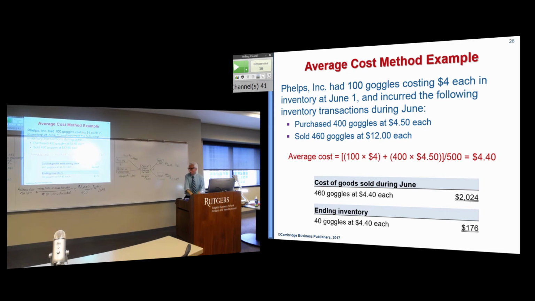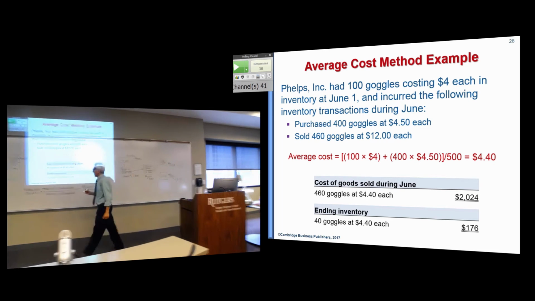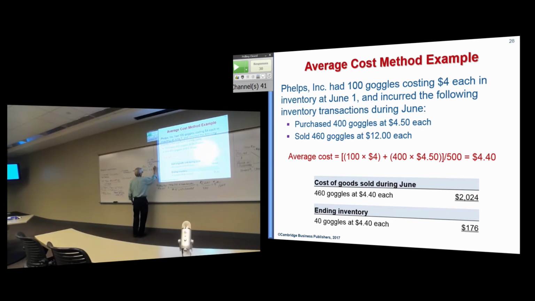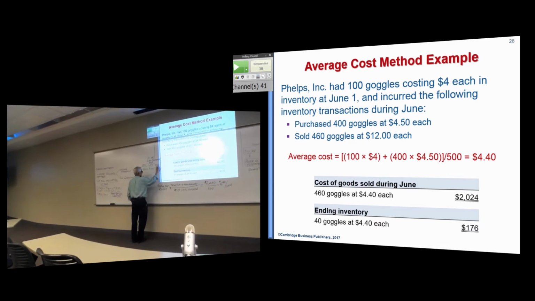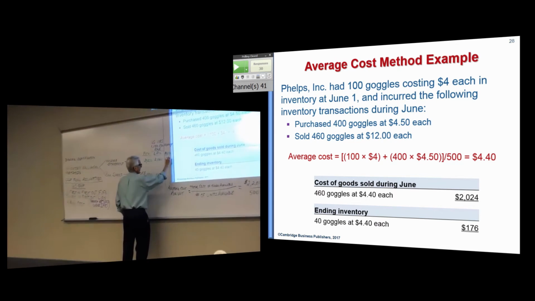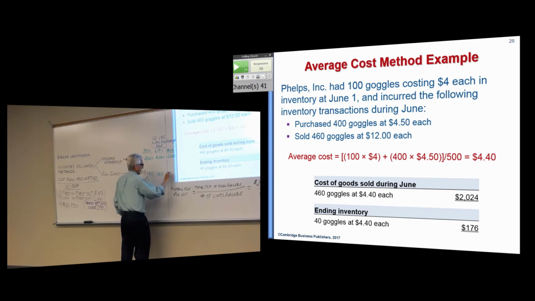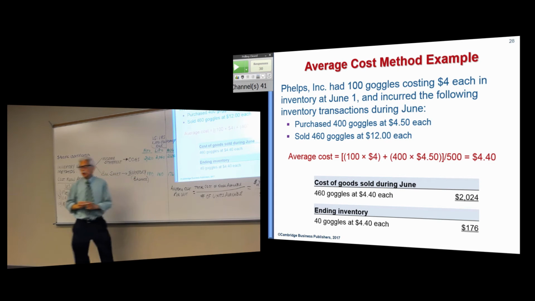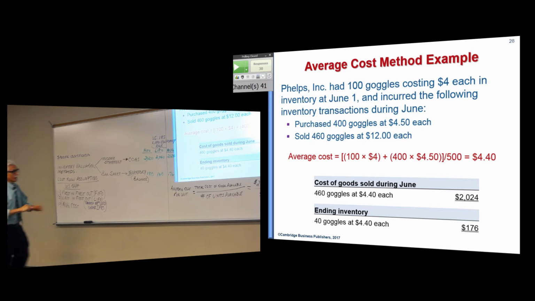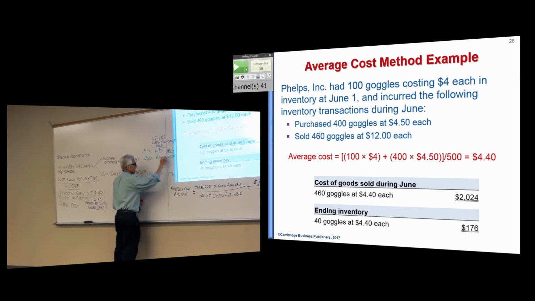So if we go over to the scoreboard, and I put in the average cost here, $2,024 and $176, it should make sense also that the average falls where? In between.